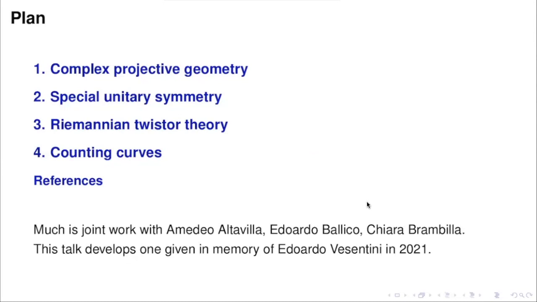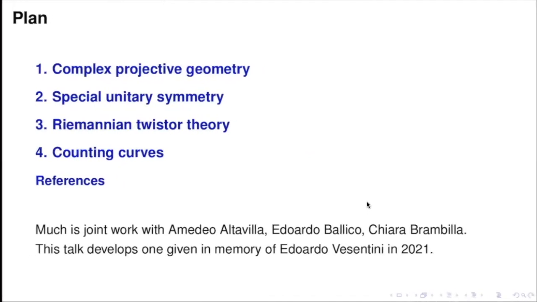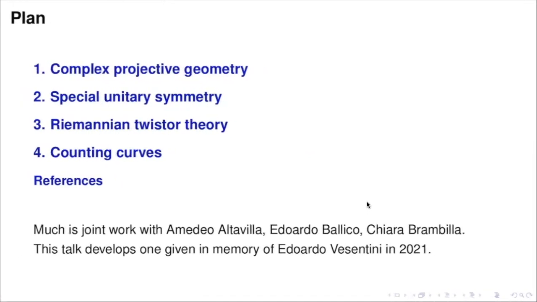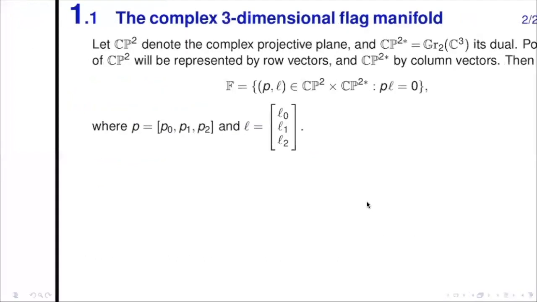I'm resurrecting in some sense a talk I gave a couple of years ago, although there's more in this talk. It is a bit of a mixture of complex and algebraic geometry, complex and Riemannian geometry, I should say.